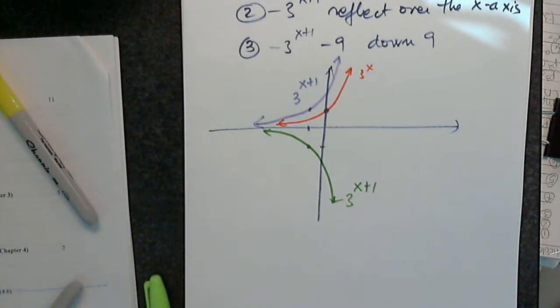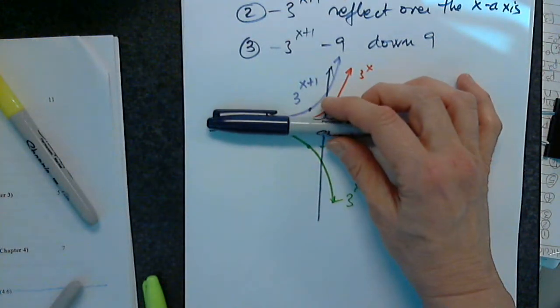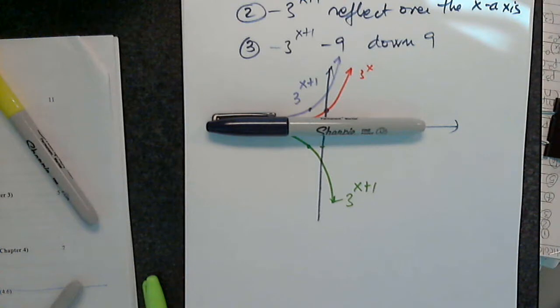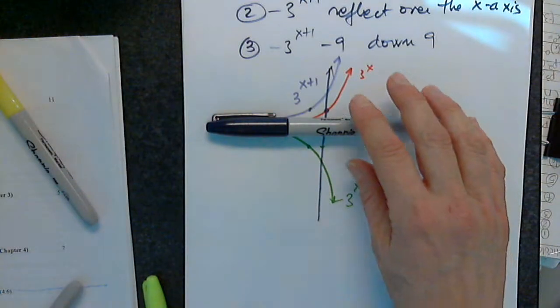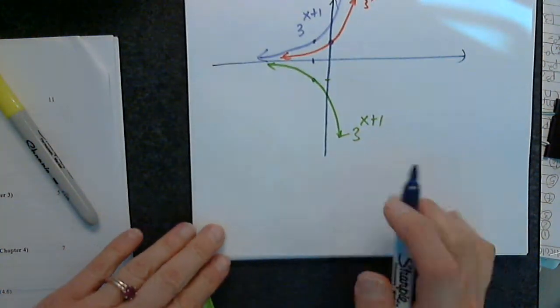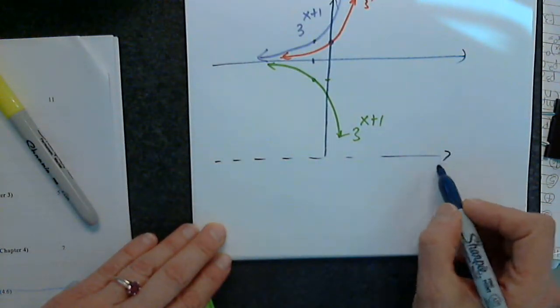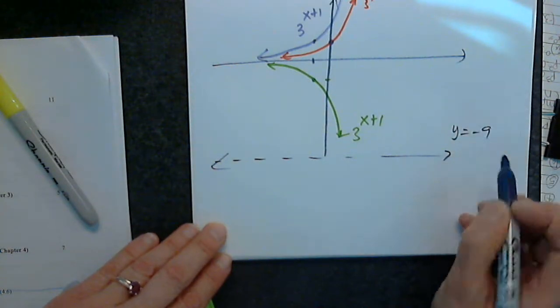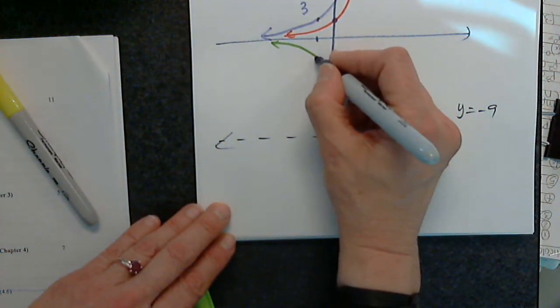But now I am shifting the green graph 9 units down. When I shift the graph with horizontal asymptotes up or down, I have to shift the asymptote first. Where will the asymptote y equals 0 go? Exactly. So let's say that this is y equals negative 9. This is the point I'm watching.